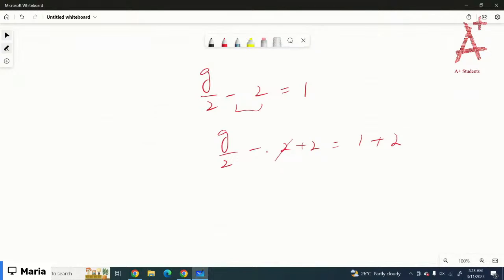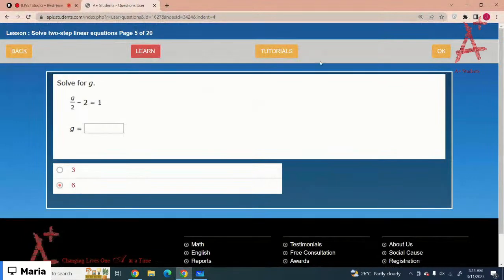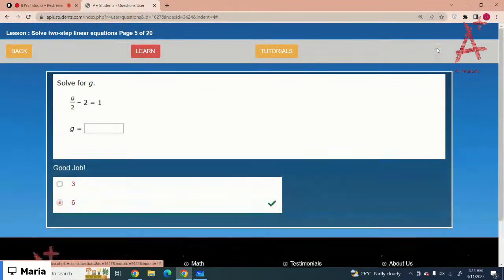You are left with g over 2 here, and 2 plus 1 is 3. Got it? So the opposite of division is multiplication. So let's multiply both sides by 2. And 3 times 2 is 6. That means g equals 6. Got it? So the correct option is g equals 6. So just select the correct option and click on the OK button.